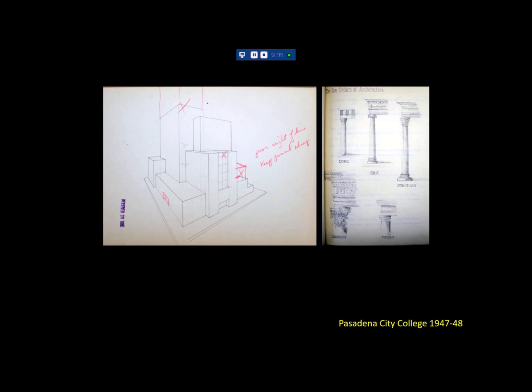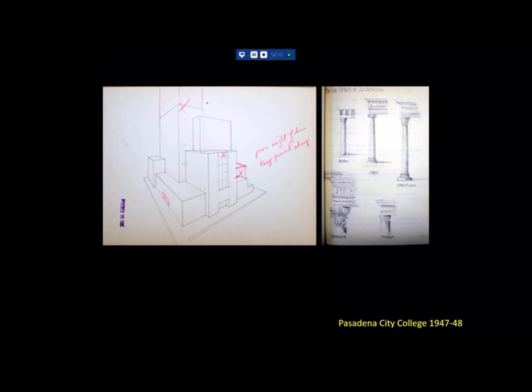He's marked on it, poor weight of line, keep pencil sharp. The education was hardly progressive. The Beaux-Arts, the traditional way of designing buildings using the classical orders, is clearly what the Pasadena City College is aiming for, and honestly that pencil drawing is pretty poor stuff.